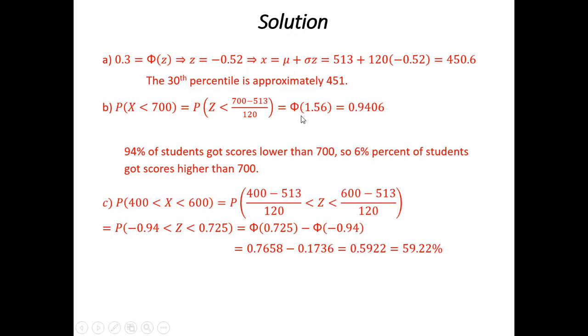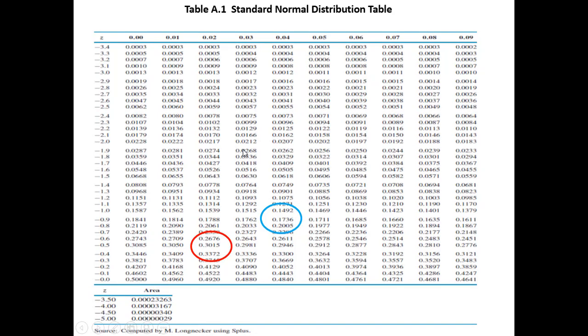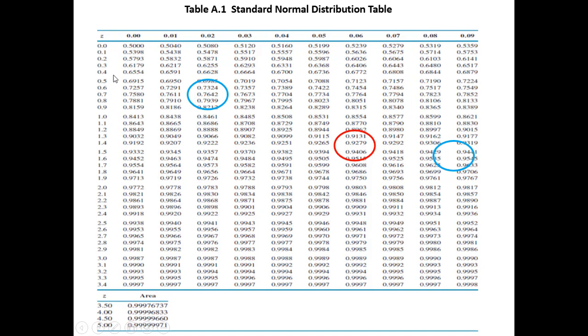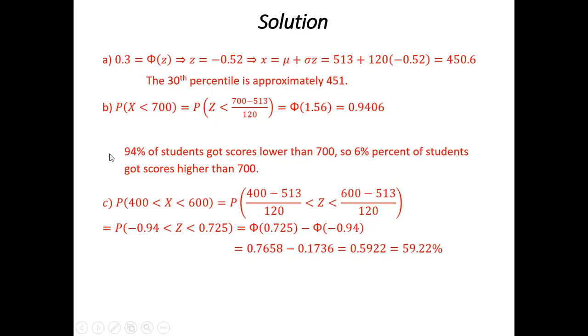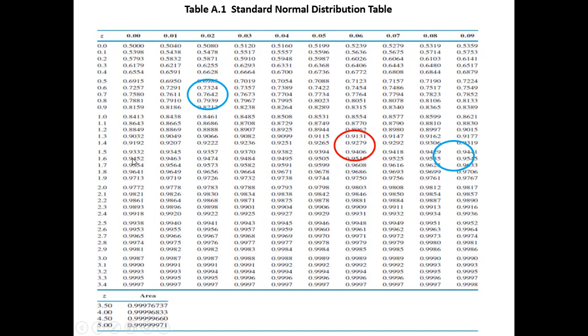So now we have to go to the table. Notice this value of z is positive. So we need the part of the table where I have positive z values. Okay. Let's see. We want 1.56. 1.56 is right here.